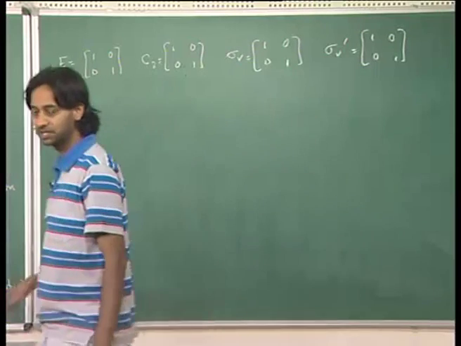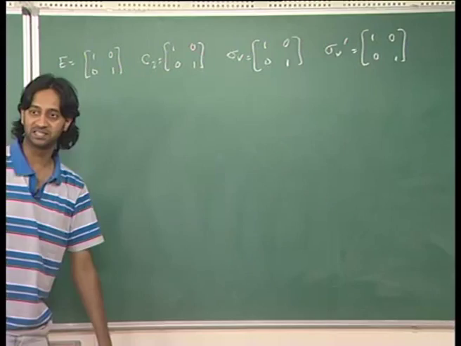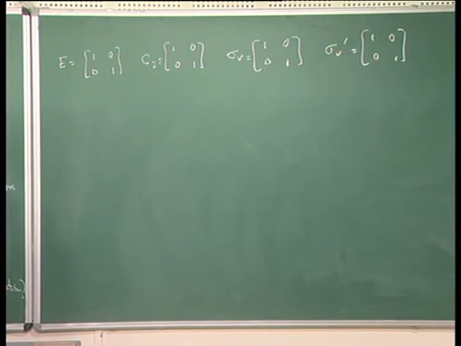So you can see that again everything is nothing but the identity matrix, and products will also be identity matrix. This is a two dimensional representation.